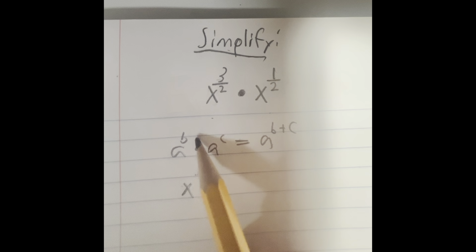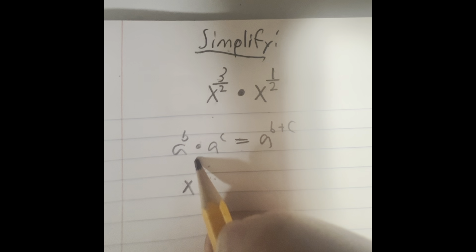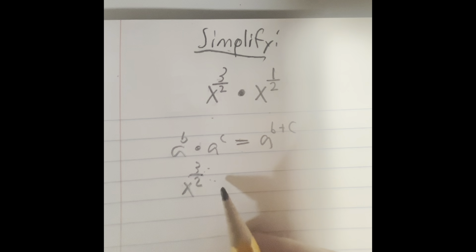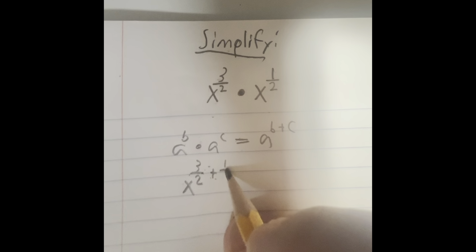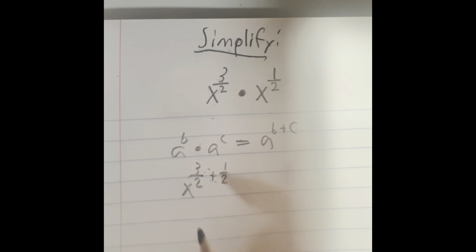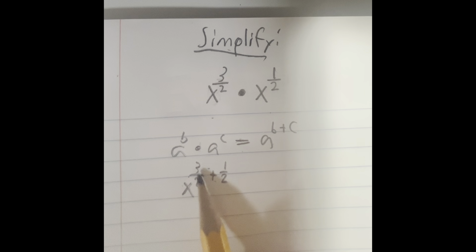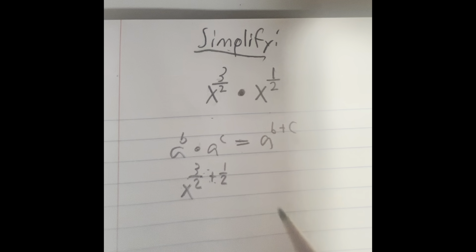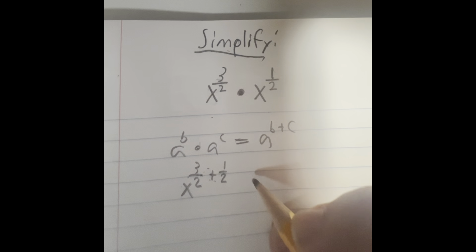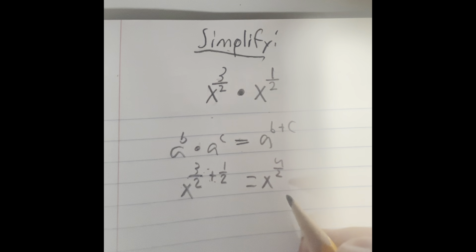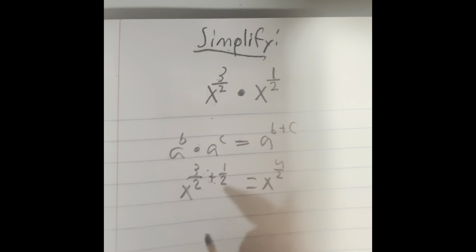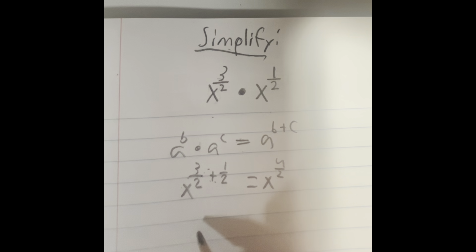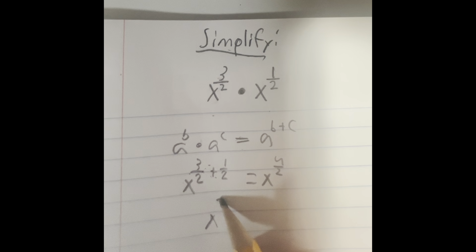In this situation, our b is 3 over 2, and our c is 1/2. And 3 halves plus 1/2 is just 4 halves, which we can just rewrite as x squared. So our final answer for this question is going to be x squared.